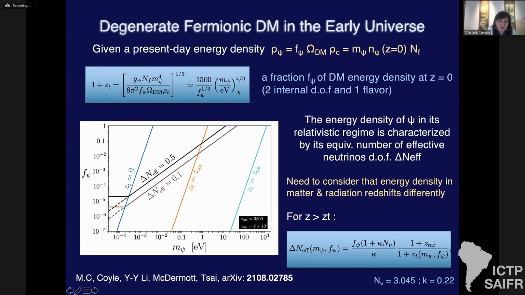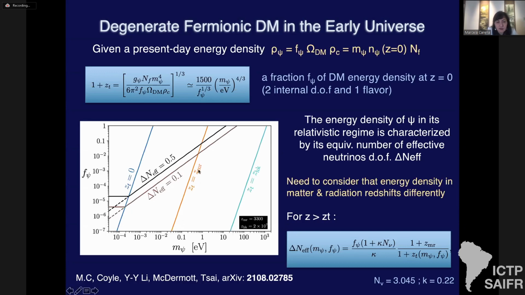We just put that the fermion has 2 degrees of freedom, and we just consider 1 flavor. So with this equation, we can say what CT is as a function of the fraction and m psi. And these are different values that I will go back to in a moment.